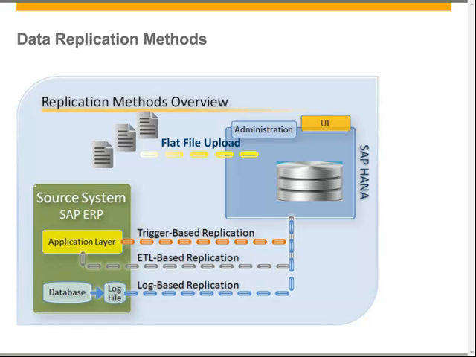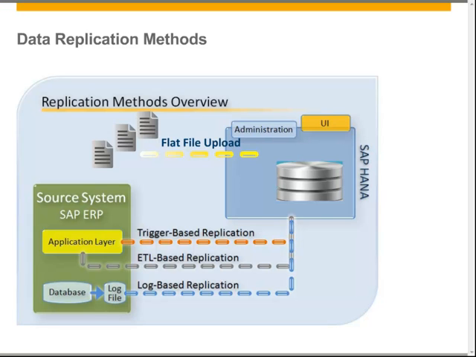When we talk about replication here, we see the flat file upload. The flat file probably doesn't provide replication in a delta fashion, but I guess you could call it replication by stretching the term slightly. When we talk about the traditional types of replication, we can see trigger-based replication from perhaps an ERP system or any other database.